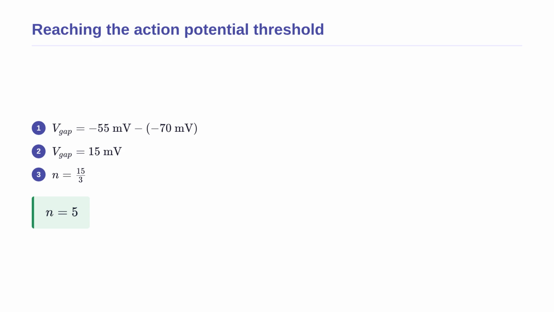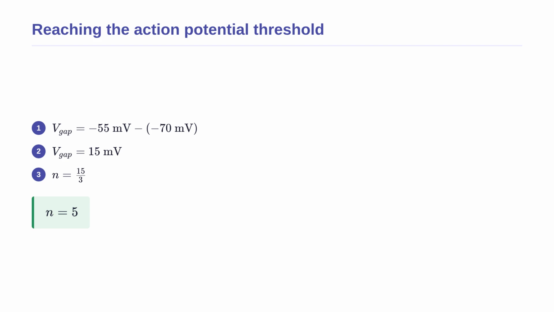Building on that calculation, let us look at a more realistic scenario involving the firing threshold. A neuron is resting at negative 70 millivolts, and it needs to reach negative 55 millivolts to fire an action potential. If each EPSP adds exactly 3 millivolts of positive charge, we want to know how many simultaneous EPSPs are required to trigger the neuron.